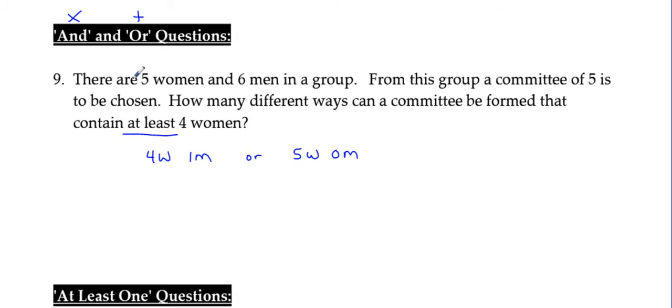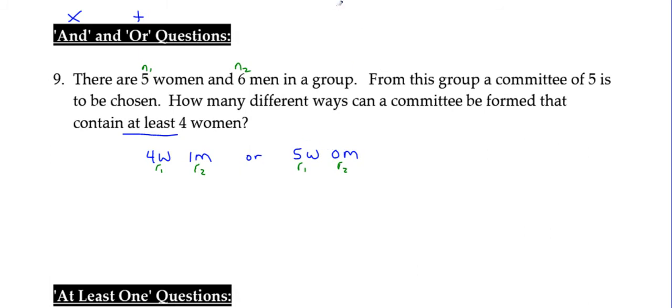So here we have 5 women in total, so that's n1, and 6 men in total, so that's n2. So if we want 4 women, that's r1, and 1 man, that's r2, or the second example, this would be r1 and this would be r2.